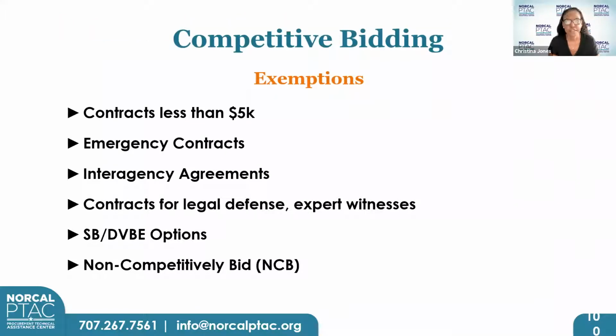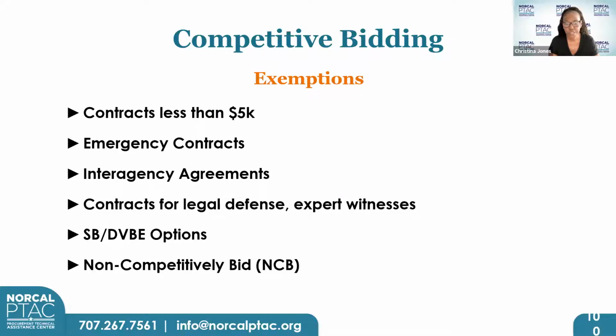And so here are some exemptions. We talked about things that they consider and what they have to put out for bid, speaking of the ranges. However, there are exemptions. There's exemptions to everything. So maybe it's a very small contract, under that 5,000 mark, and that's something they can just exempt from competitive bidding.